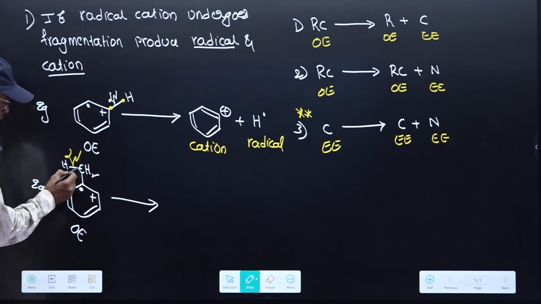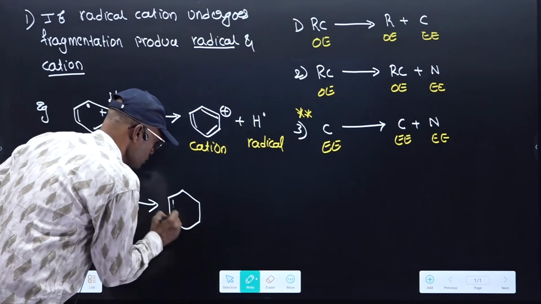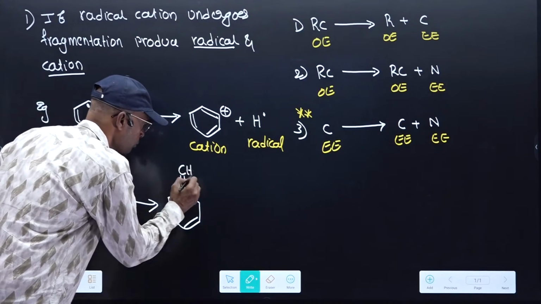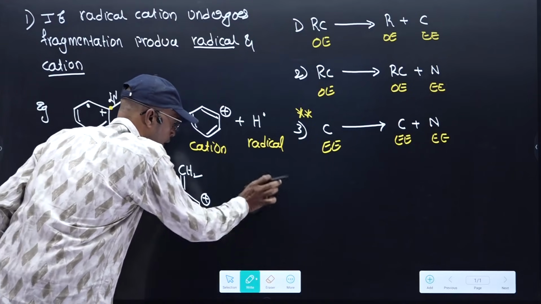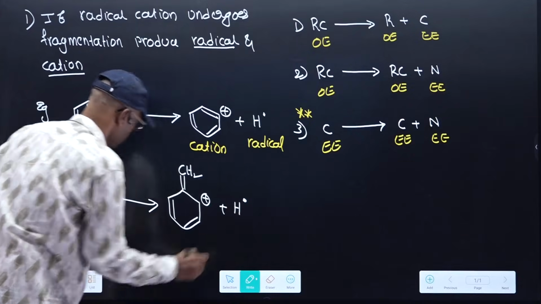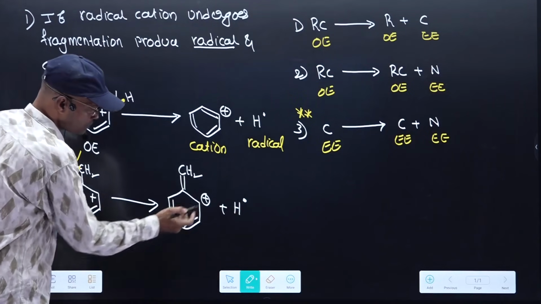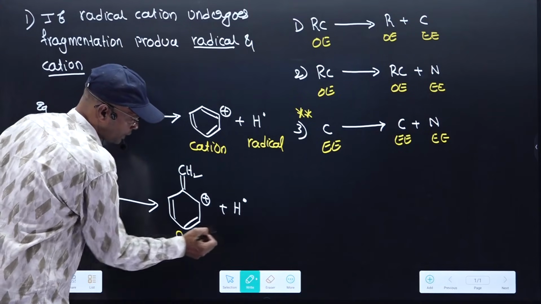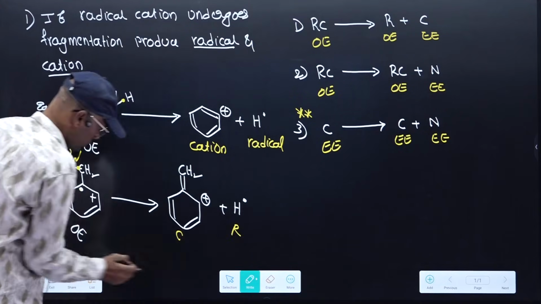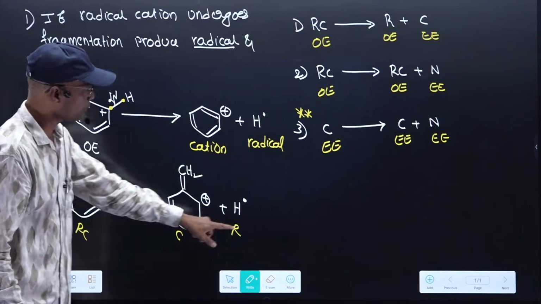This radical forms a double bond, and what is left here is a cation, plus a hydrogen radical that is removed. So you get a cation and a radical.